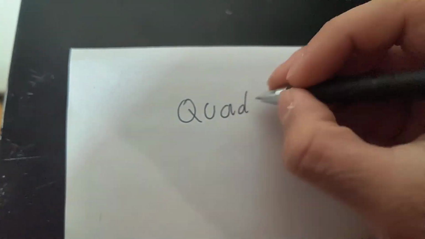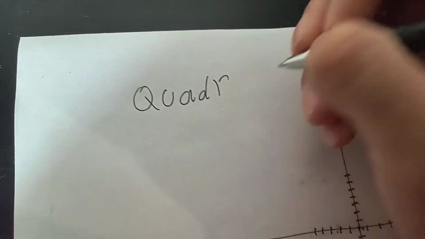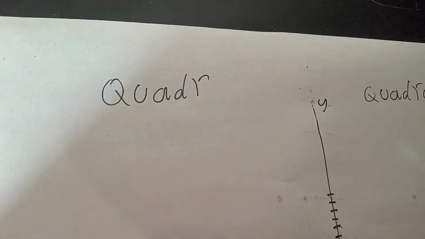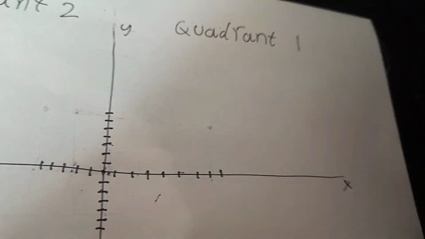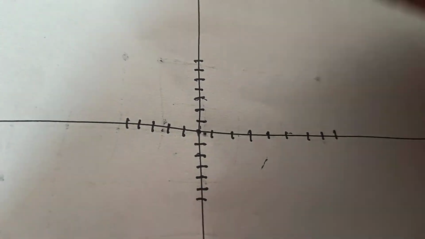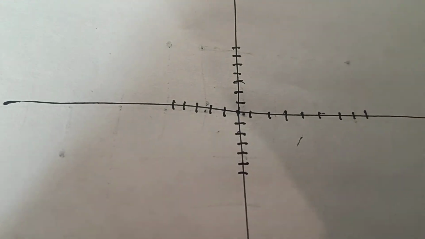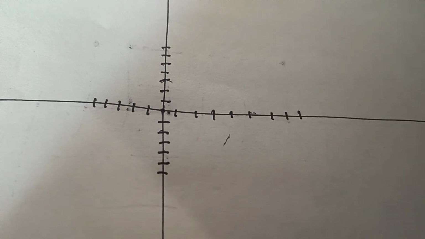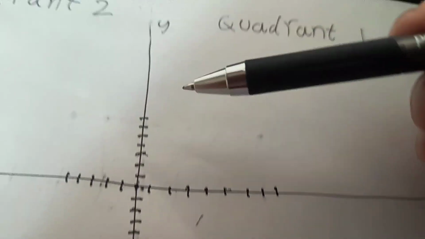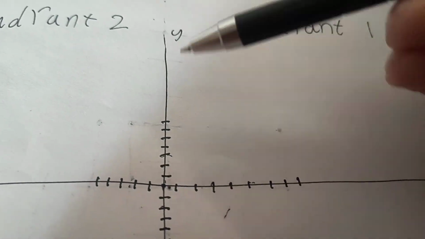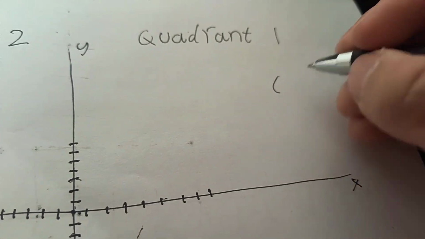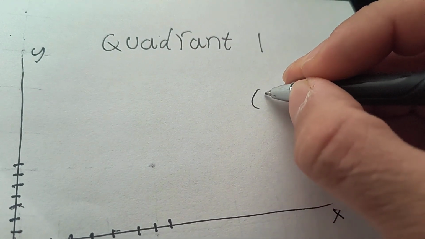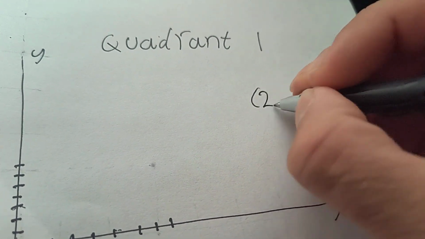And let me explain what I mean by values. What I mean by values is we can make plots. We can make points on this chart that represent a value of x and a value of y. For example, if I were to write down this, let's say this was x.